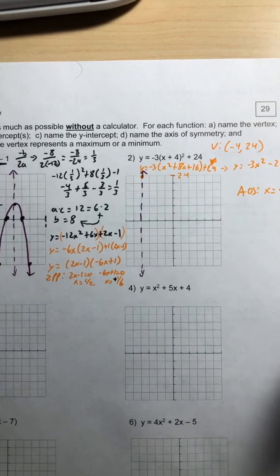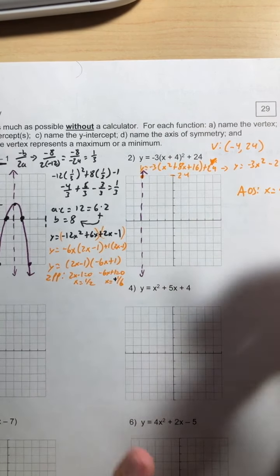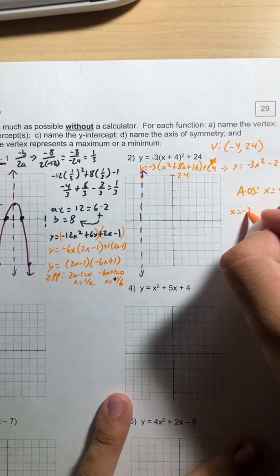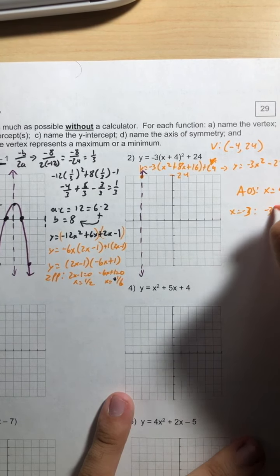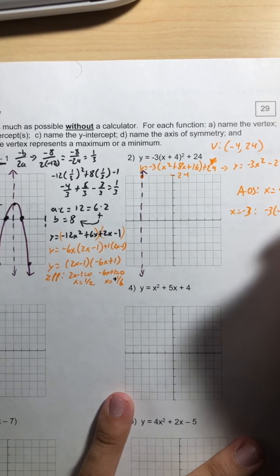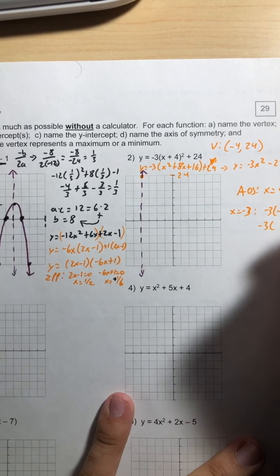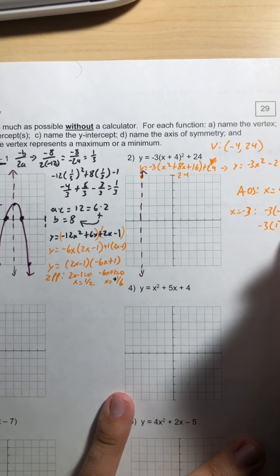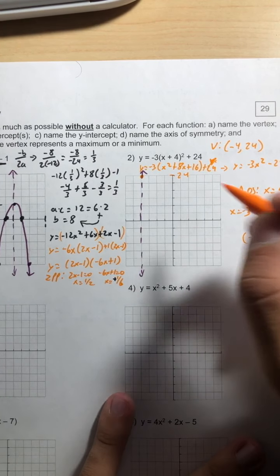Then if I was doing this problem, I would just pick points like negative 3 and positive 3. Or sorry, negative 3 and negative 5. So when x equals negative 3, we get negative 3 plus 4 squared plus 24. So that'd be 1 squared is 1. So that would be 21 comma negative 3.